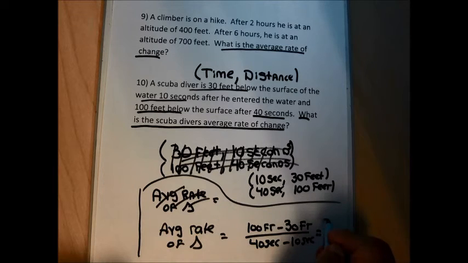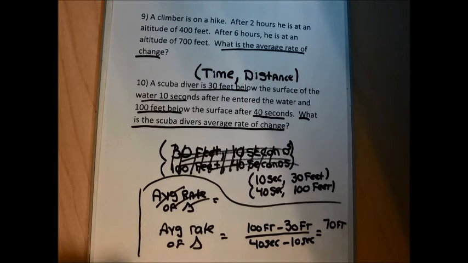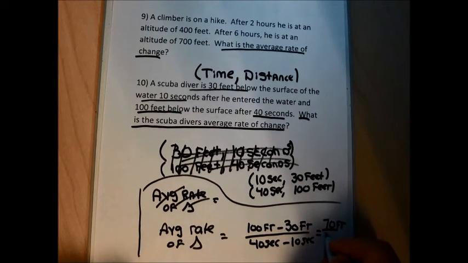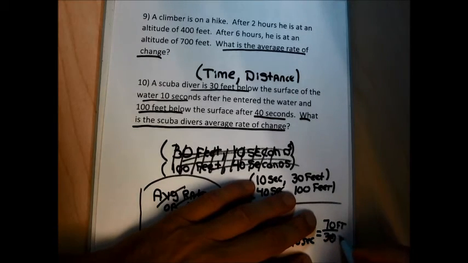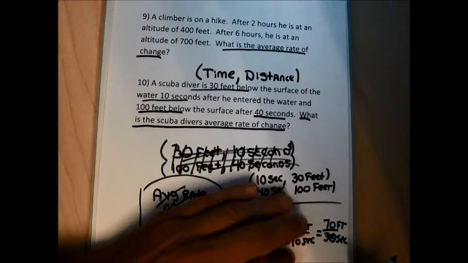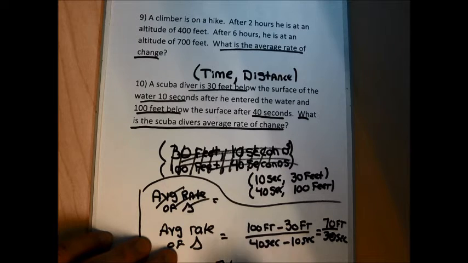This gives me 70 feet is the net distance. They went from 30 feet to 100 feet, so they traveled 70 feet in 30 seconds. So the zeros cancel, and I get 7 over 3 feet in the numerator, seconds in the denominator.